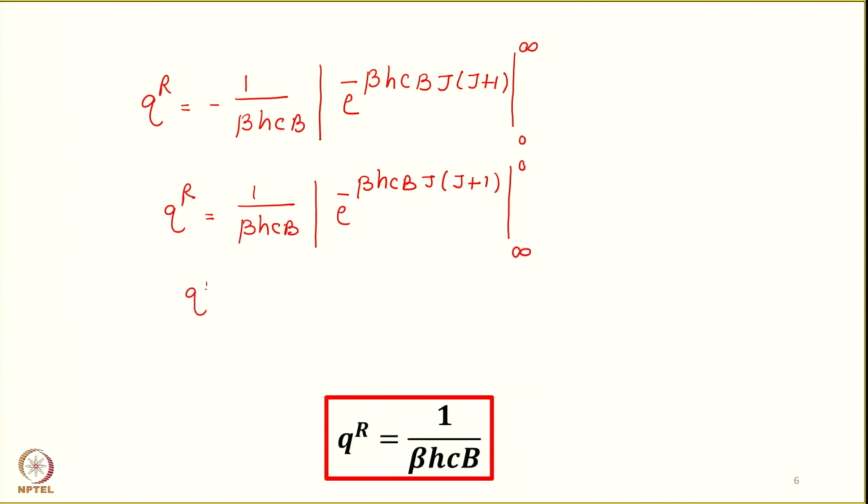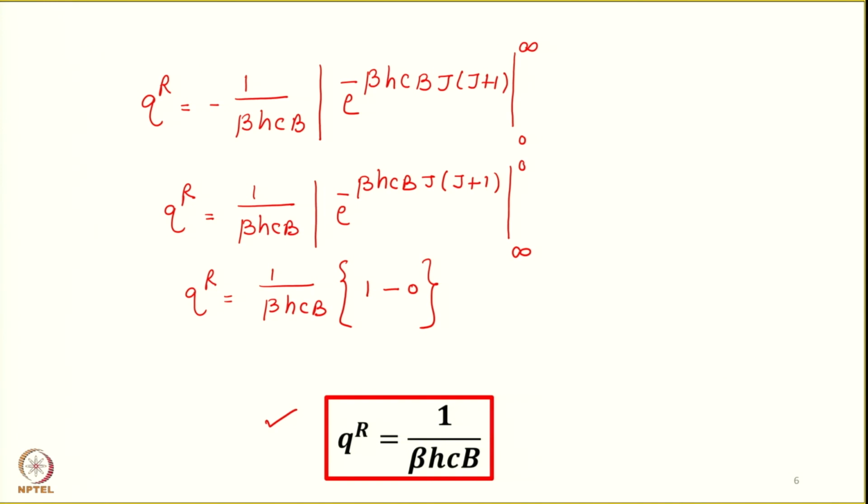So, therefore, q_R is equal to 1 over beta hcB, and then, when you put J equal to 0, exponential 0 is 1, minus exponential minus infinity, which is 1 over exponential infinity, which is 0. Therefore, the answer is q_R is equal to 1 over beta hcB.